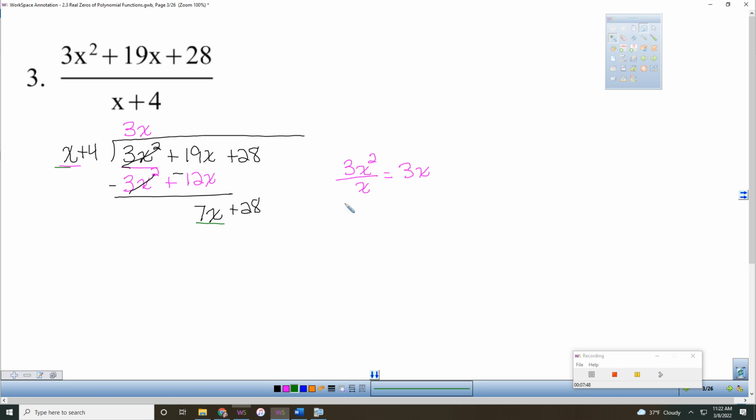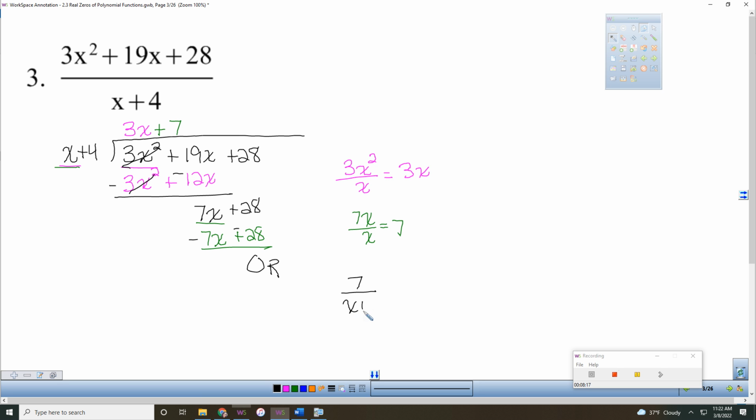So 7x divided by x gives me 7. That goes back here. 7 times x is 7x, and 7 times 4 is 28. I will subtract, so I get a remainder of 0. So let's say right here, if I had like a 7, then my remainder would be 7, and I would put it over what I'm dividing by.